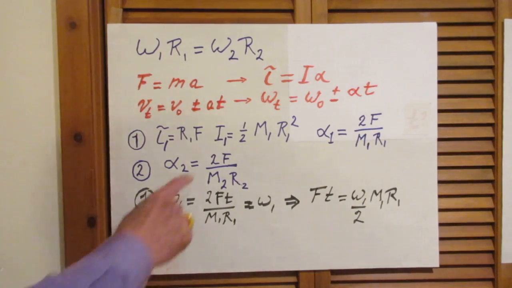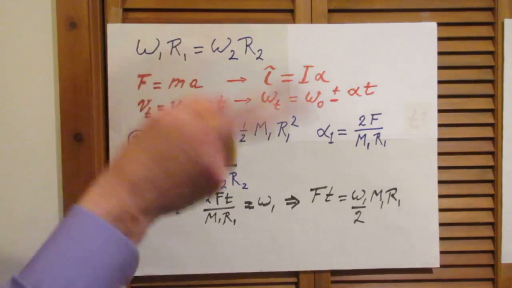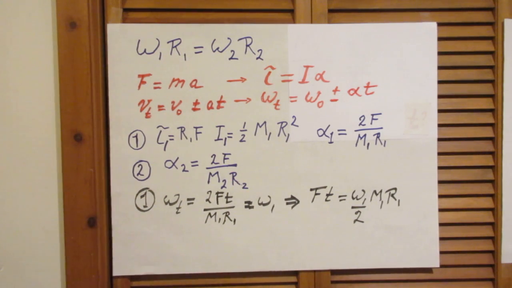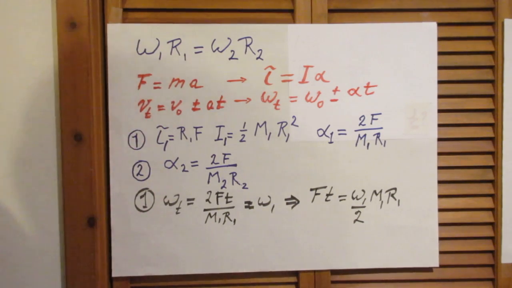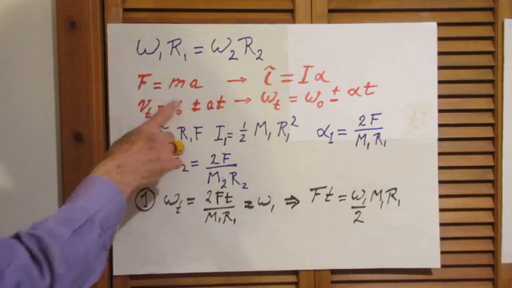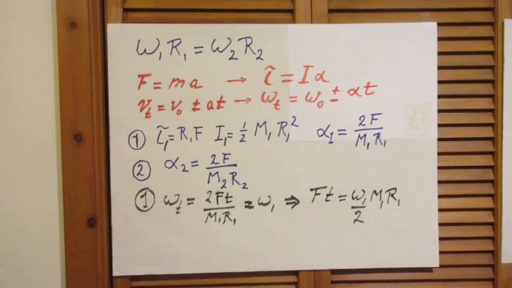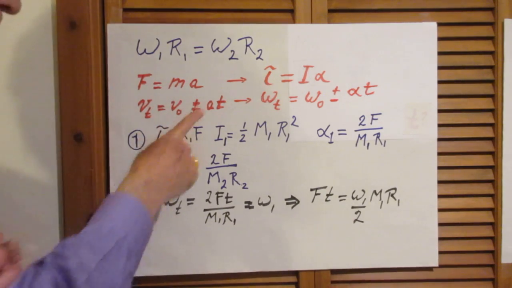T is time. Think of them as one-dimensional. You can think of them in the x direction if you prefer that. If Vt minus V0 is negative, it means A was negative. If Vt minus V0 is positive, then A was positive.